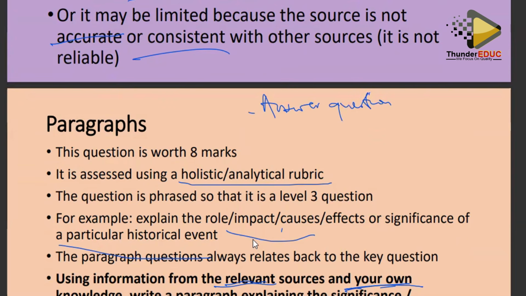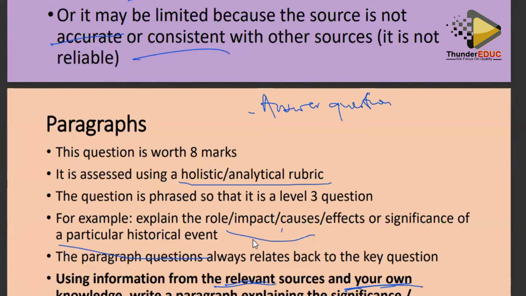Maybe the question is saying, using the information from relevant sources and your own knowledge, explain the impacts of the Berlin Wall on the citizens in East Berlin. Right. That is the question. Explain the impacts of the Berlin Wall on the East Berliners?